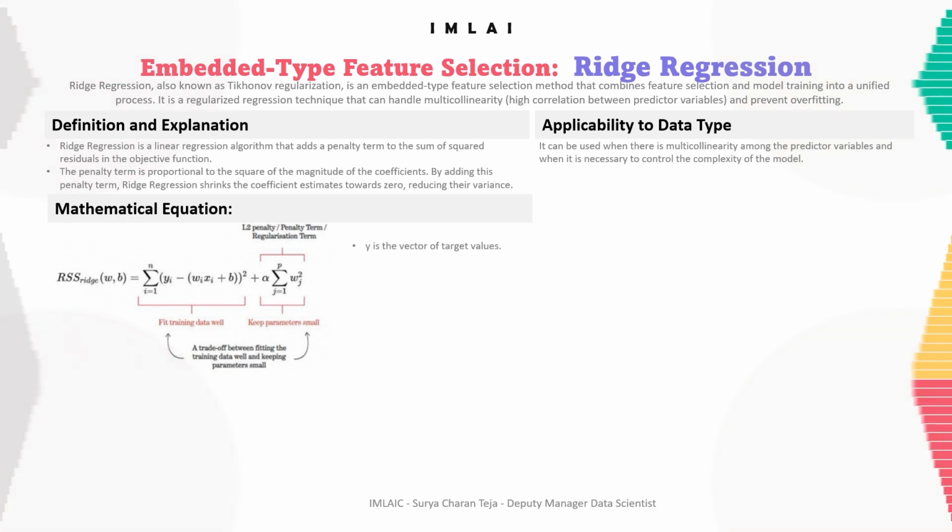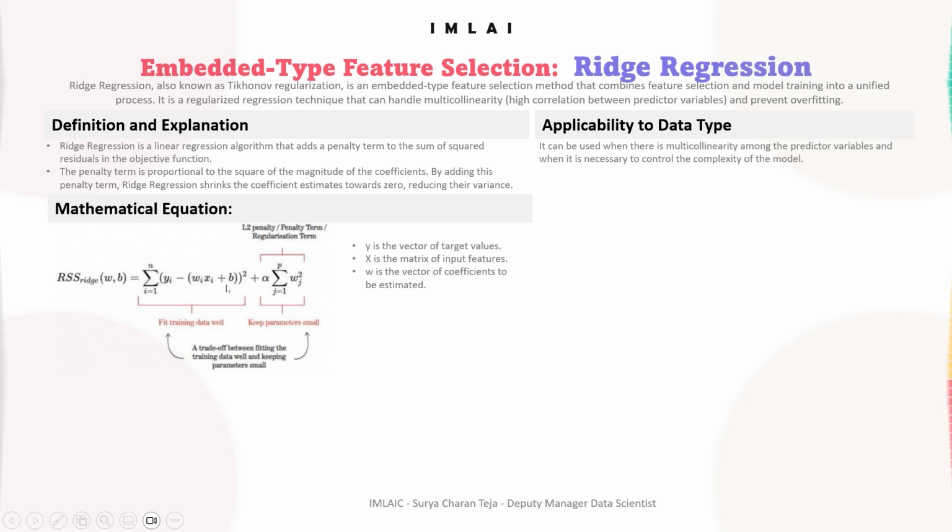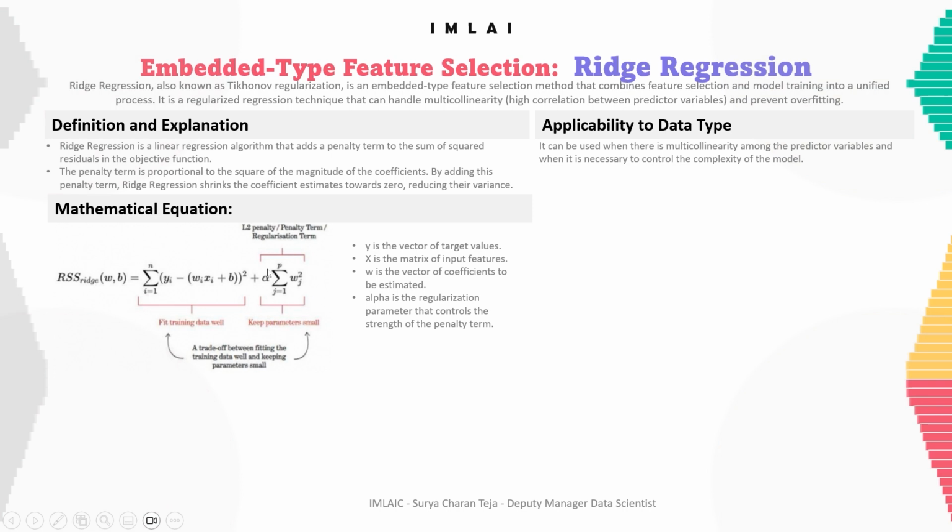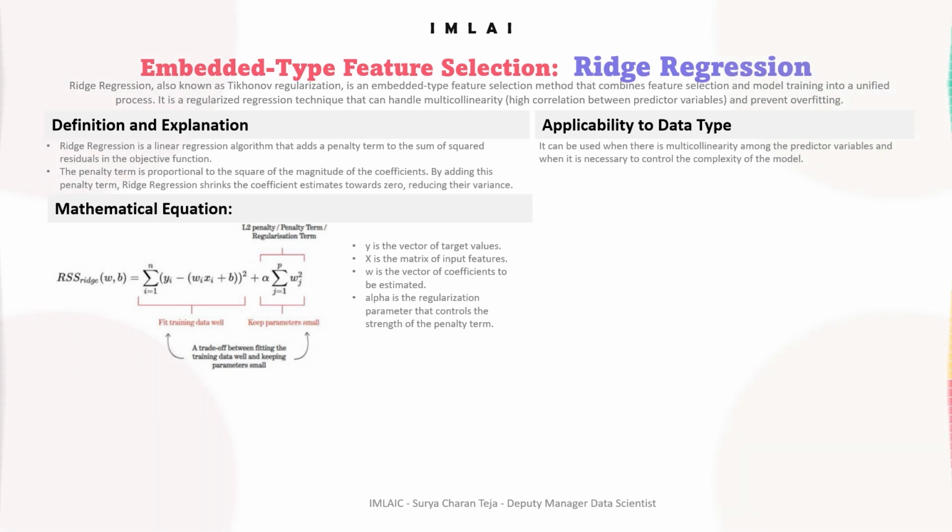And here y is the vector of target values, x is the matrix of input features, w is the vector of coefficients to be estimated, and alpha is the regularization parameter that controls the strength of the penalty term.